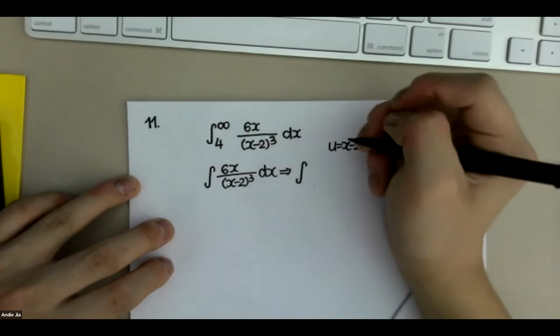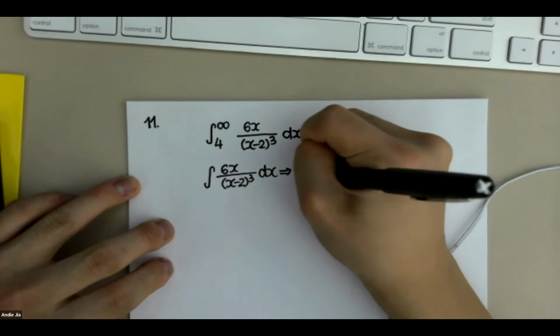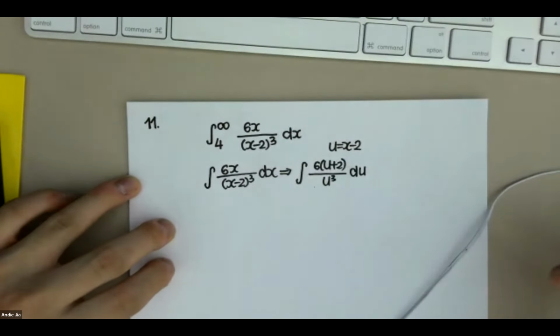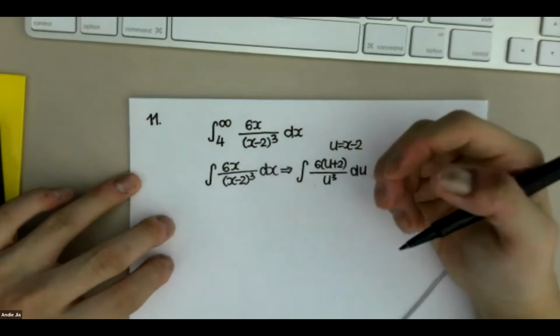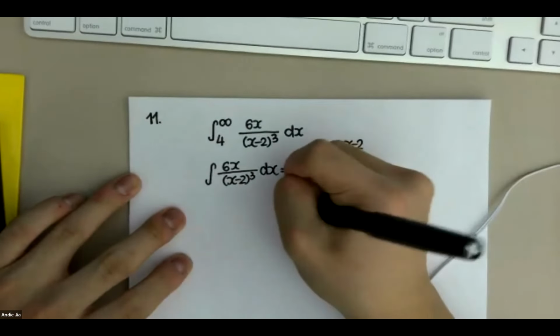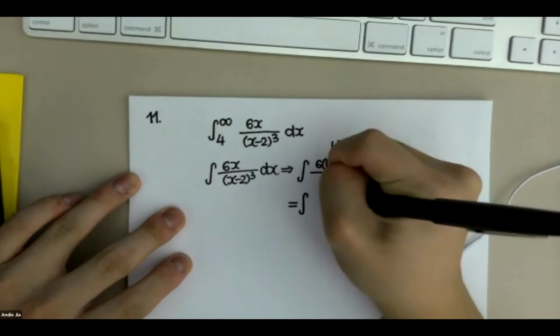So it's going to be the integral of 6 times (u plus 2) over u cubed, du. And then we expand that.